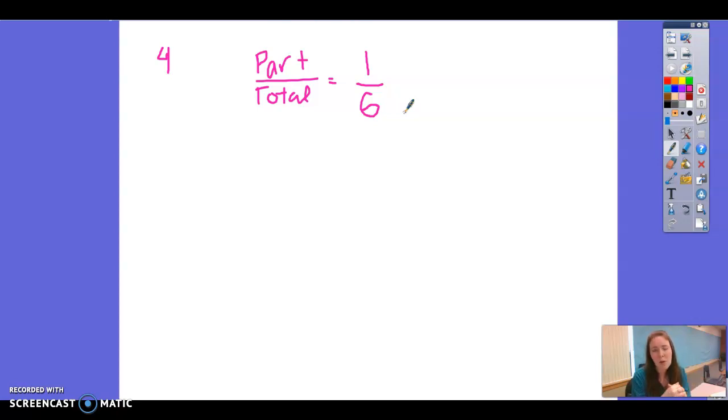That's the theory. In reality, though, that doesn't actually happen. Every 6 times you roll, you're not for sure going to get the number 4. So what I'm going to show you today is called experimental probability, where we're hoping for 1 in 6, but in reality, it might not actually be.